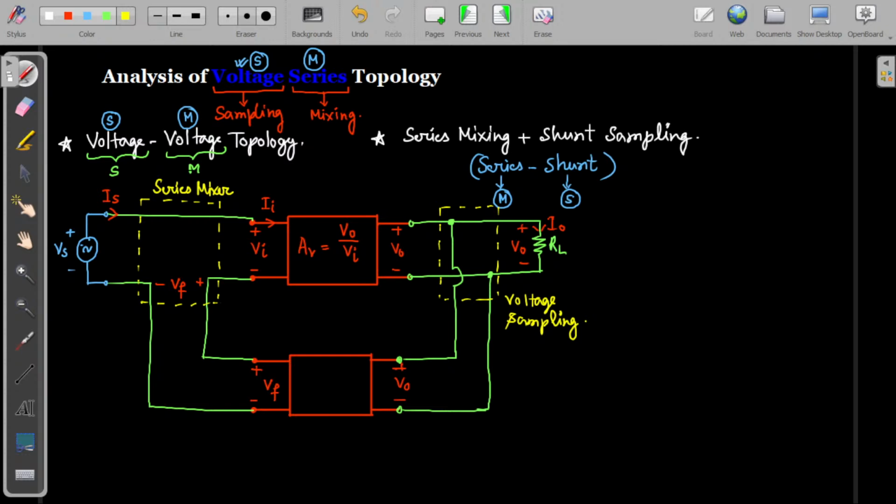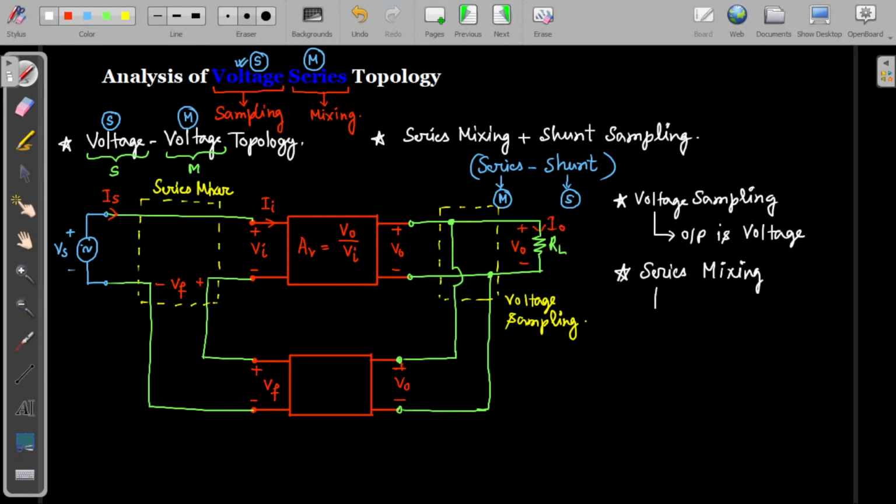Okay, so next point मैं लिख सकता हूँ, since we are doing the voltage sampling, that's why we can say that the output is voltage, and since we are doing the series mixing, that's why the input will be series mixing, मतलब voltage mixing.